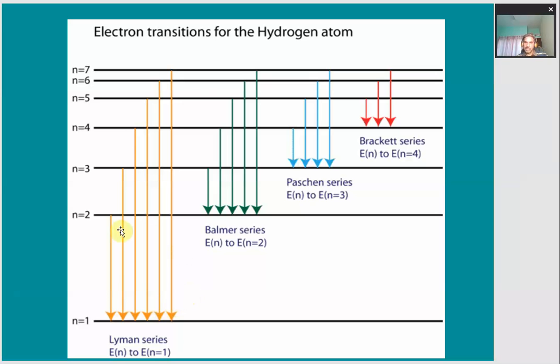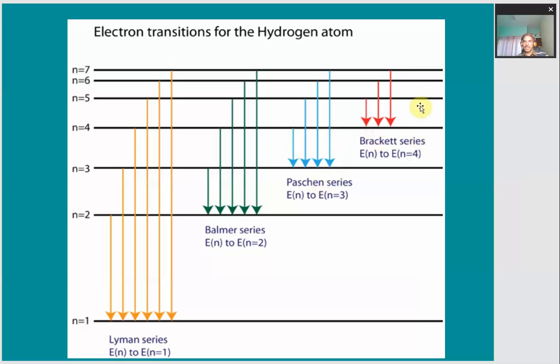Similarly, when transitions take place from any higher energy orbit to an energy orbit for which n is equal to 2, the radiations are called the Balmer series. Transitions to n is equal to 3 from any higher energy orbit are called the Paschen series, and transitions to n is equal to 4 from any higher energy orbit are called the Brackett series.